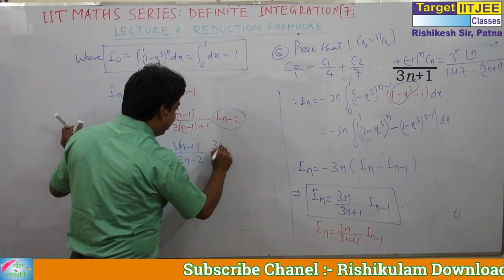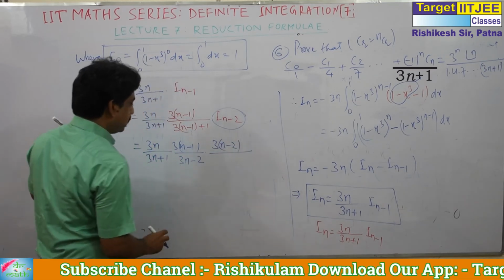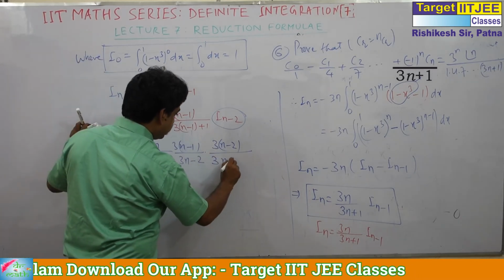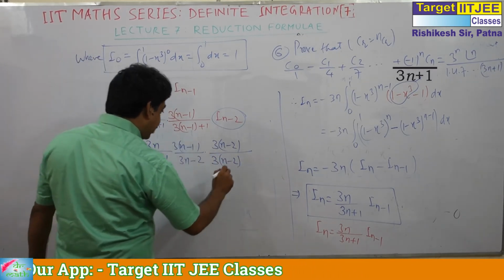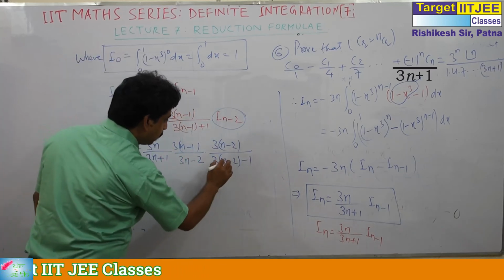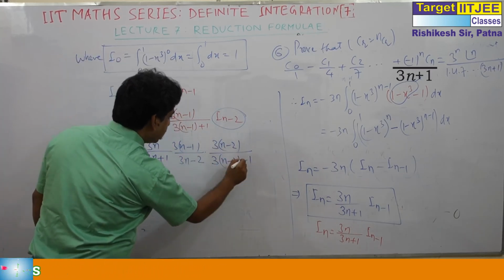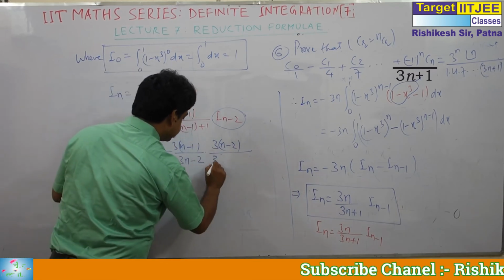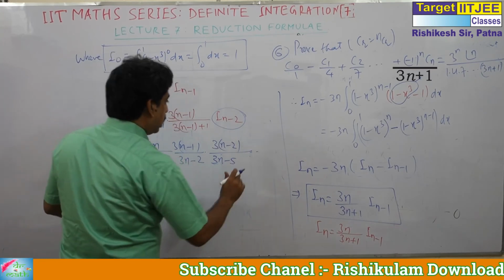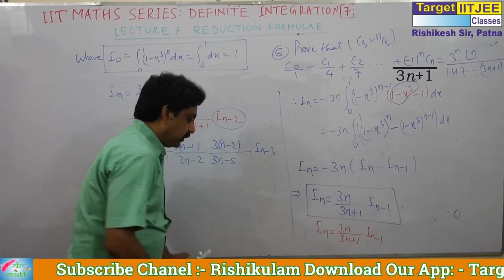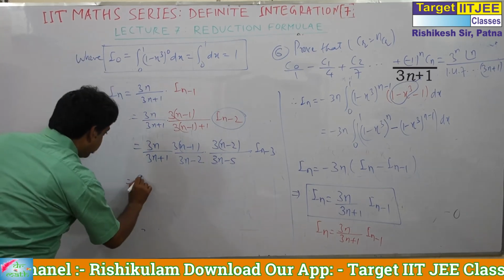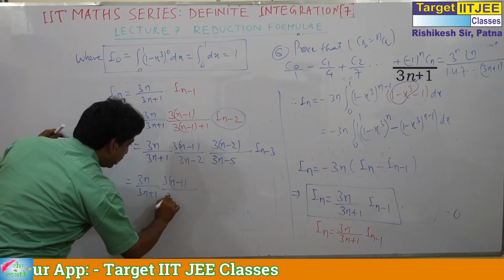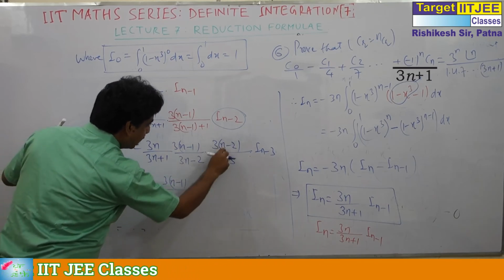You get 3n minus 6 by 3n minus 5, and finally I_{n-3}. Proceeding in the same way, we get 3n by 3n plus 1, 3n minus 3 by 3n minus 2. I am not writing all the steps.